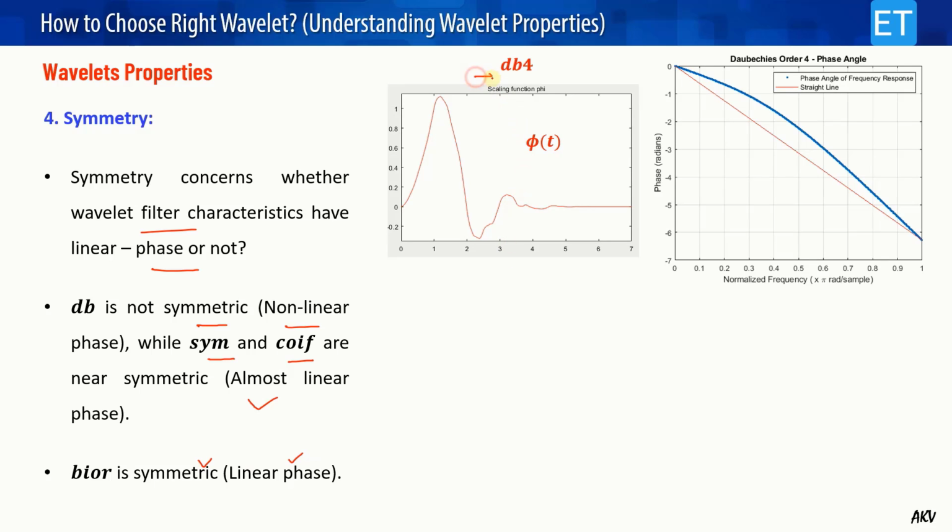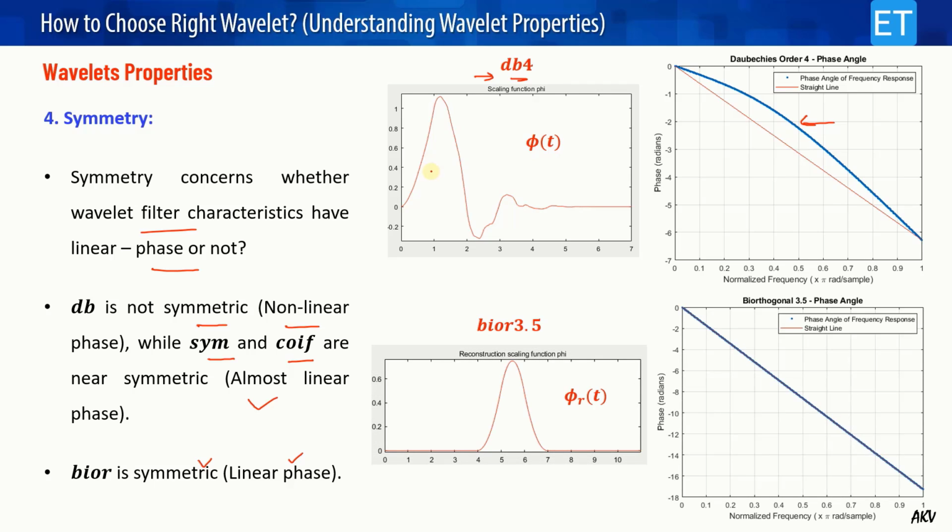So we have taken the Daubechies 4 scaling function, and the blue one is showing its phase angle in the frequency domain. So you can see that this is nonlinear. So as I said, dB is an asymmetric wavelet, so it gives the nonlinear phase. And now see the biorthogonal 3.5 scaling function, which is used for reconstruction.